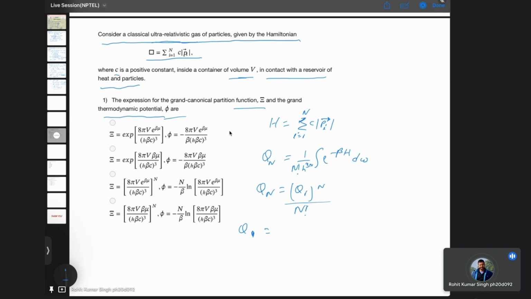So partition function for a single particle, which will be given by 1 by h cube, right? So from here you can calculate Qn, which is equal to n factorial Qn.